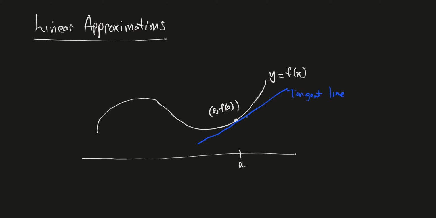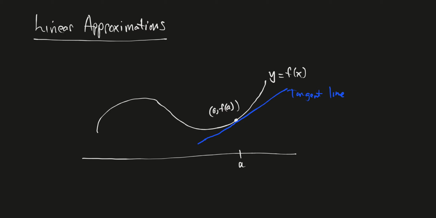And even when I am close to the point of tangency, close to the ordered pair a, f of a, there is very little difference between the y value on the curve and the y value on the line. They're not identical. So for instance, even right here, there's a difference, but it's not a huge difference. It only becomes relatively huge the further I go away from the point of tangency.